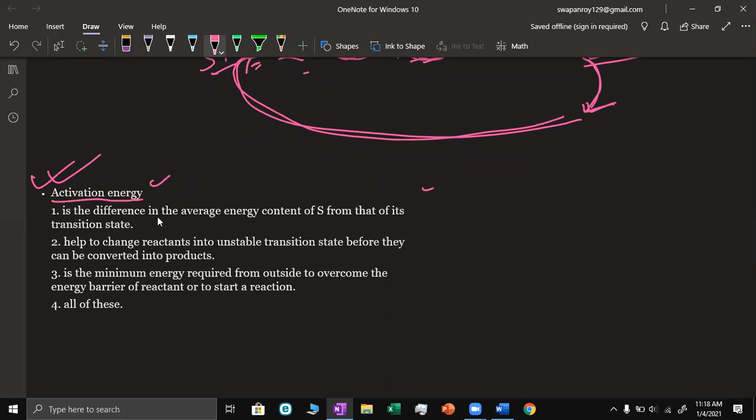This is the difference in the average energy content of S, where S stands for substrate, from that of a transition state.